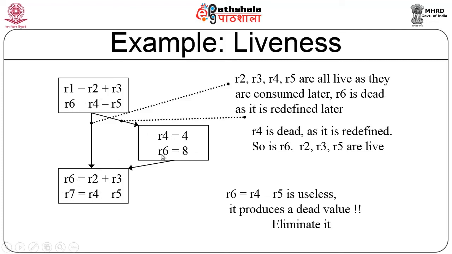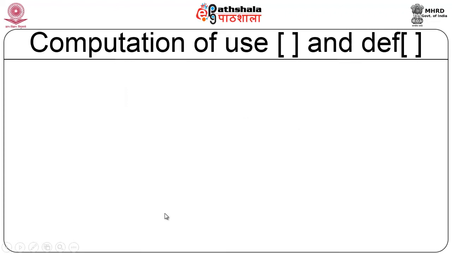So what is the scenario here? I am redefining R6 here, and I am redefining R6 here also. So the statement R6 is equal to R4 minus R5 will be a useless statement, because both the paths are not using R6 but are redefining R6. So this is going to be dead code, and I have to eliminate the dead code.